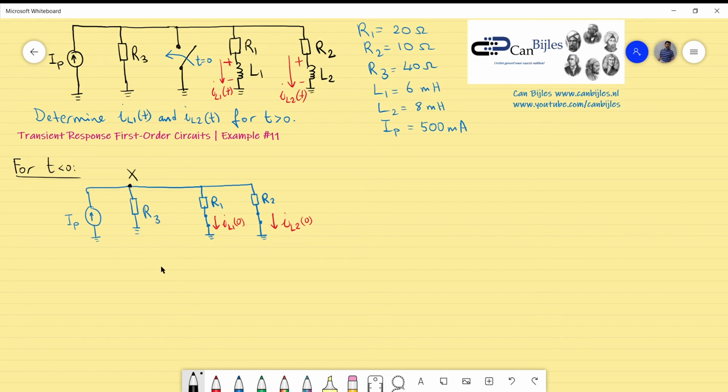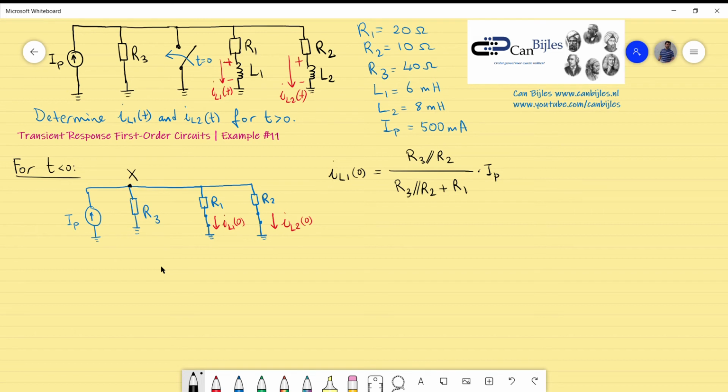So I will write it down as the expression. IL1 is equal to the equivalent of R3 and R2, that's the other resistance, divided by the total resistance, R3 in parallel with R2 plus R1, times the independent current source IP.